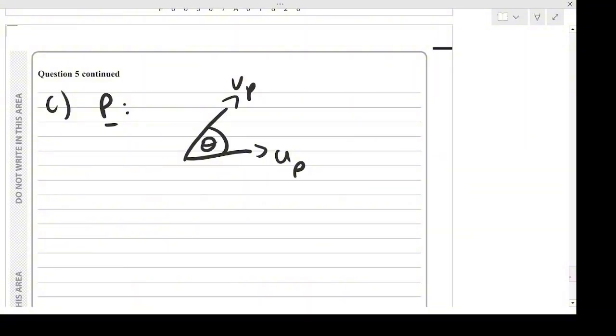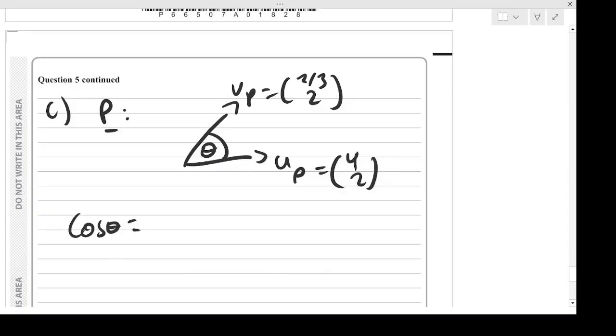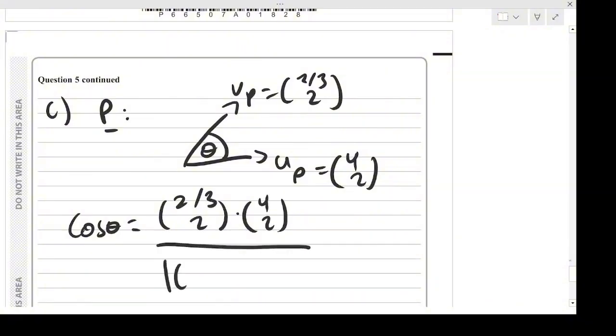So this angle of deflection here, theta. If I sub in what my velocities are, 4, 2 and 2/3, 2, to work out the angle between these two vectors, I could just use the formula cos theta. It's going to be the dot product of these two vectors divided by their magnitudes.